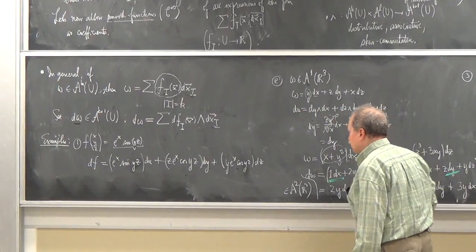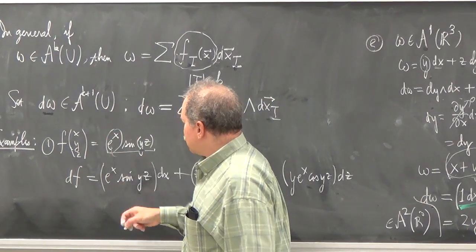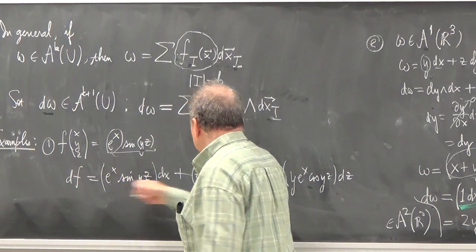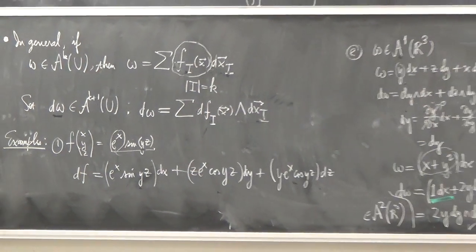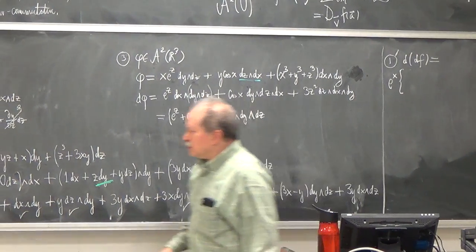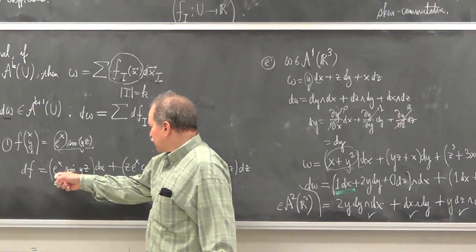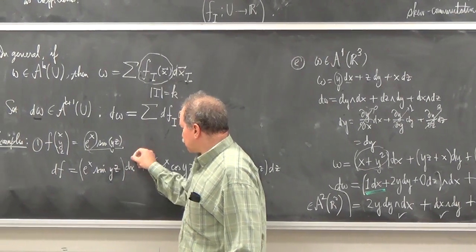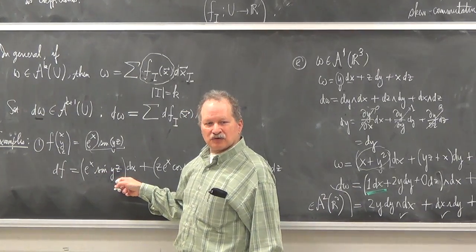By the way, let's notice, because we had e to the x, as you always notice in calculus, there's going to be an e to the x in everything. So rather than write it down every time, I'm going to just factor it out. Well, to take d of this term, which partials matter? Well, y and z.